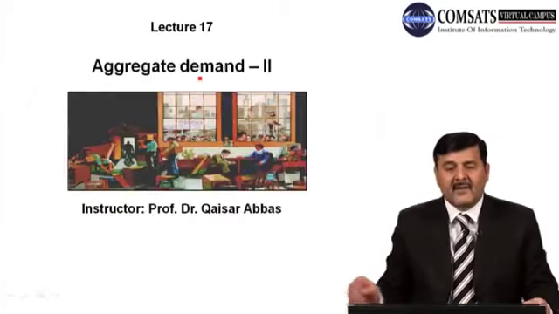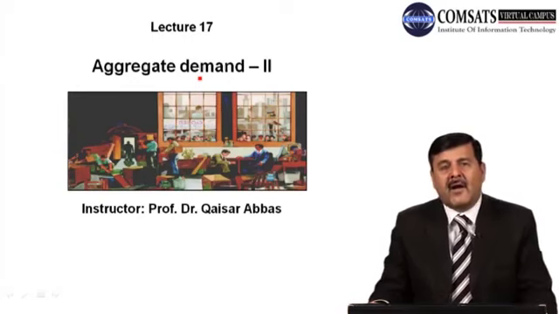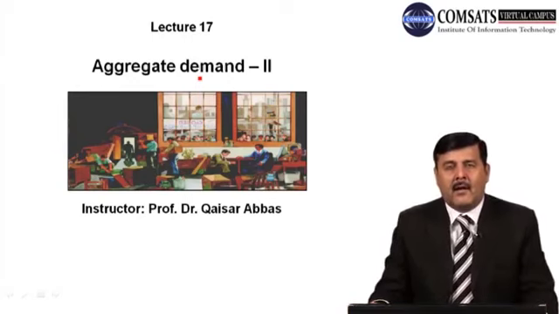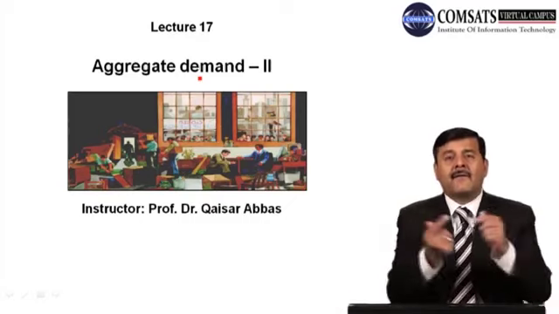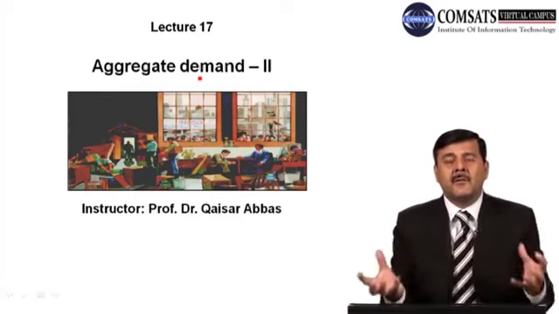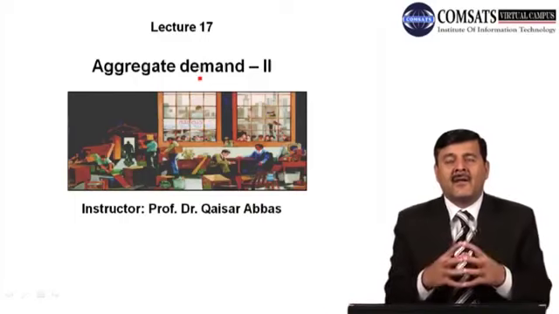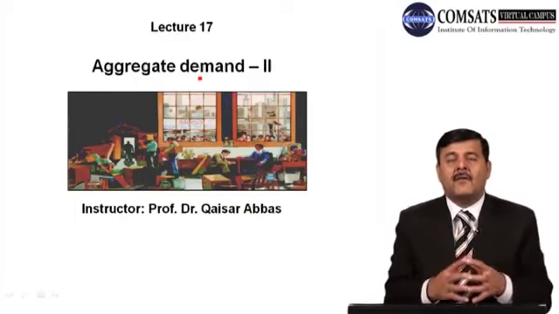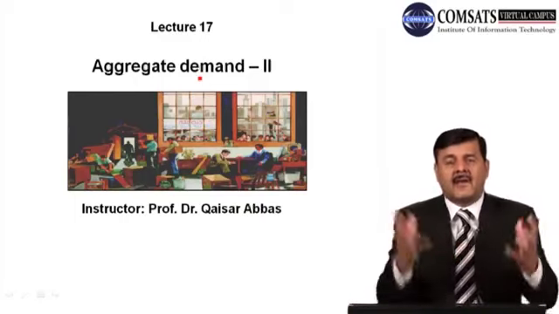Now we'll come to today's lecture, the second part of aggregate demand. We have completed the first part of aggregate demand, where we derived the IS curve and LM curve, and then combined these two curves to determine the equilibrium in the goods market and the money market with a unique combination of rate of interest and income.